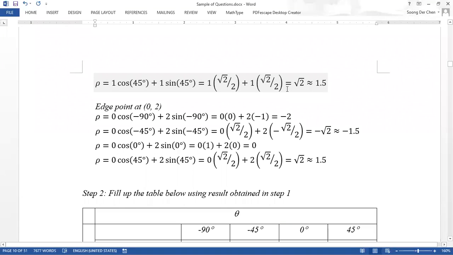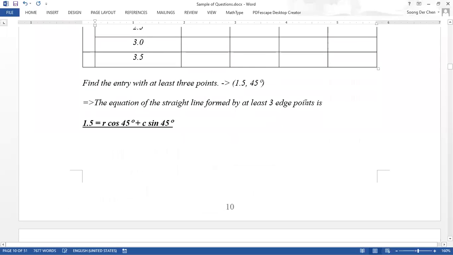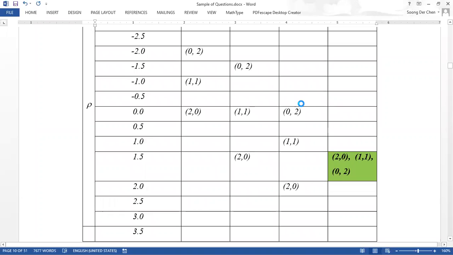The most important thing is you know how to do the rounding. Just take it as your x. So 1x plus 1x becomes 2x. And square root 2 multiplied with 2, you get square root 2. Now, square root 2 is 1.4 something, round to 1.5. All right. So everything is fine?